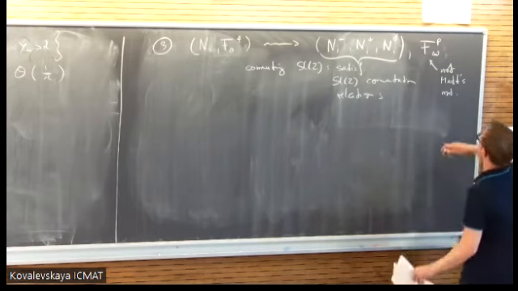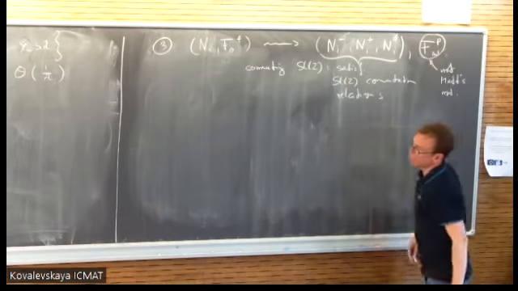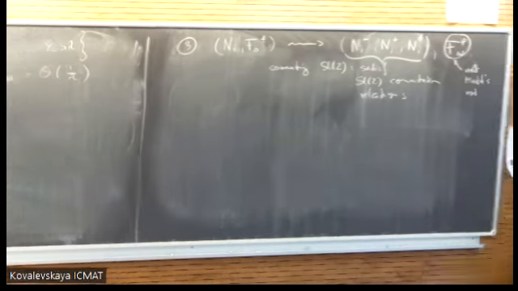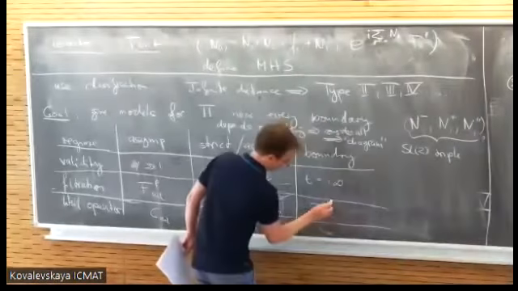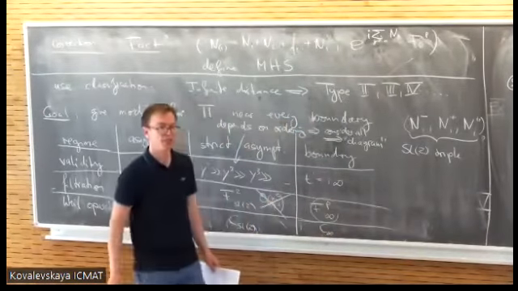And what is this F infinity? Well, this is actually the Hodge structure, a pure Hodge structure which lives on the boundary.